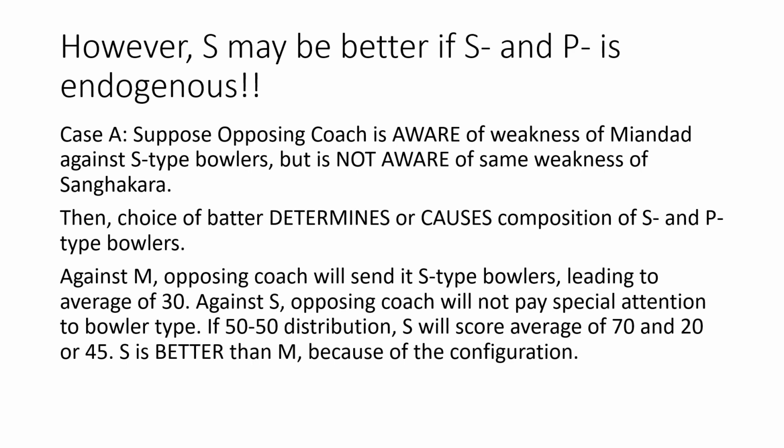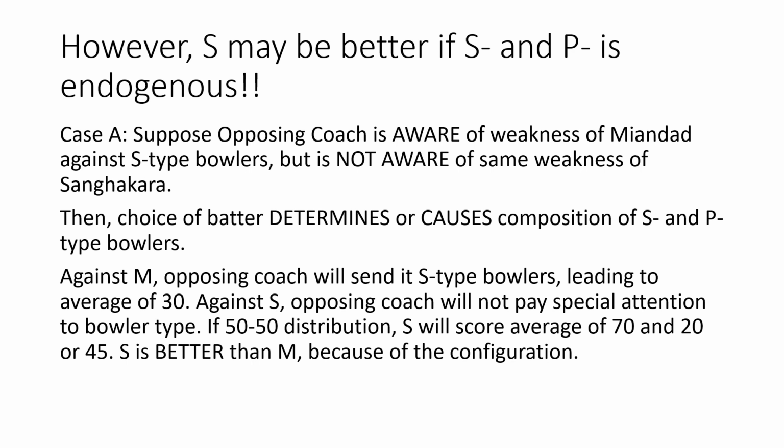For example, suppose that the opposing coach is aware of the weakness of Miyandad against spin bowlers, but is not aware of the same weakness of Sangakkara. So in that case, if Miyandad comes to bat, the opposing coach will send out spin bowlers and lead to a very low score for Miyandad, but he will not do the same for Sangakkara, so Sangakkara will end up scoring better.